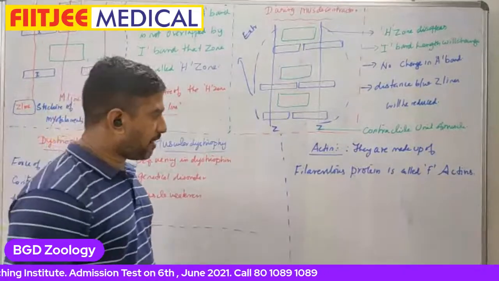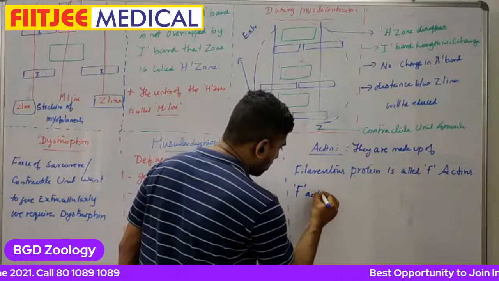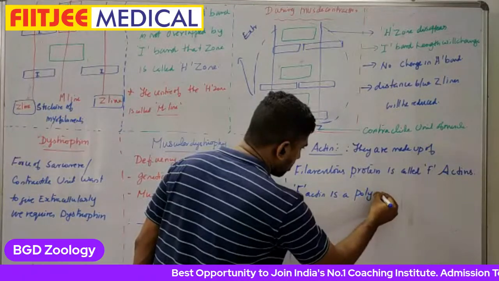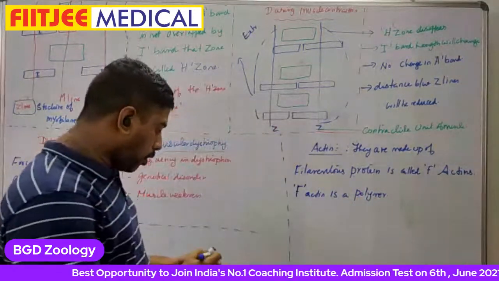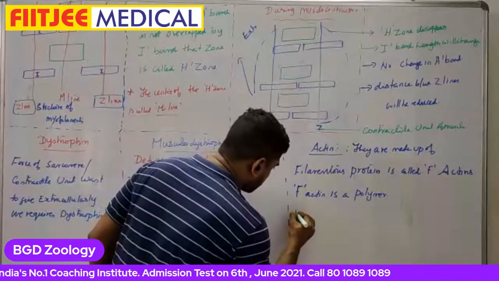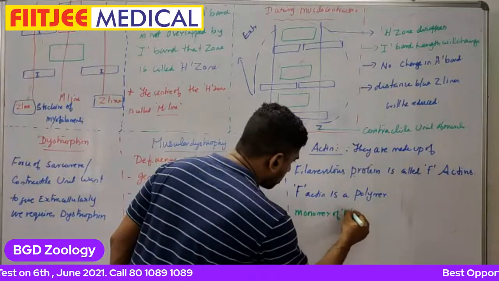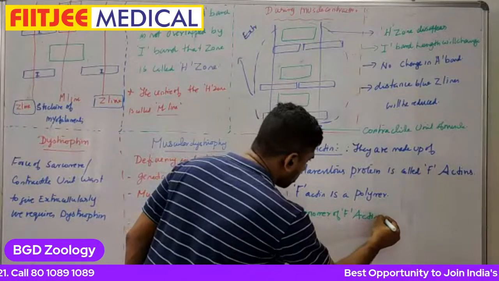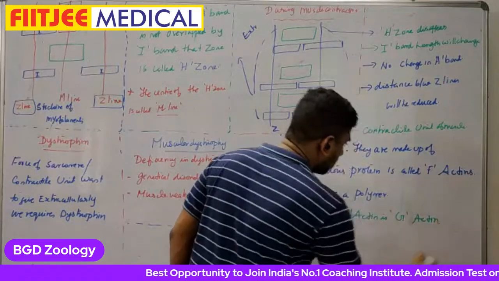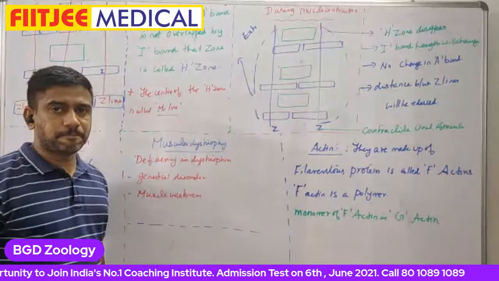So you consider this F actin. F actin is actually a polymer. Its monomer unit, the monomer of this F actin, is G actin. Clear?